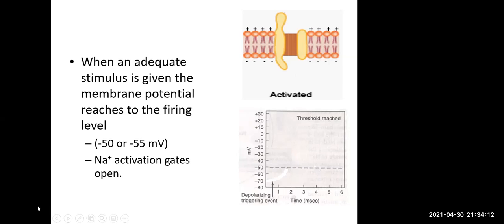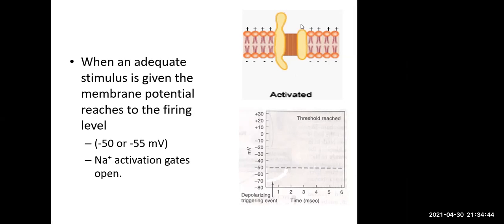So at minus 50, the dashed line you can see in the diagram, is what is called the threshold level or firing level. Until then, there will be only a small change, a local potential. When that local potential reaches minus 50 millivolt, there will be opening of the sodium channel.